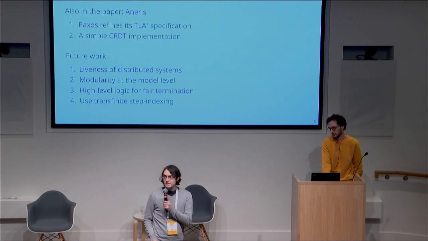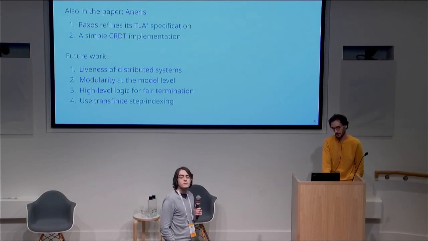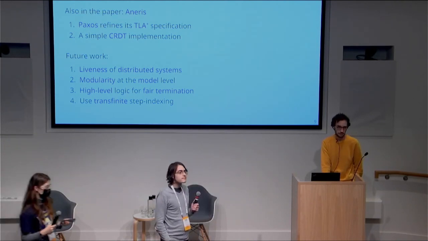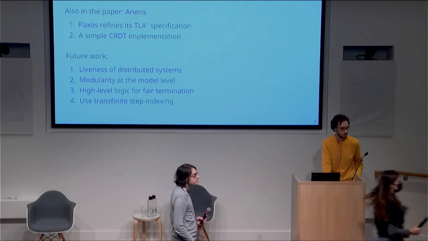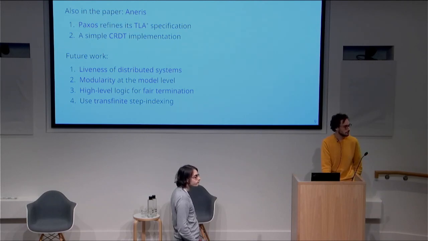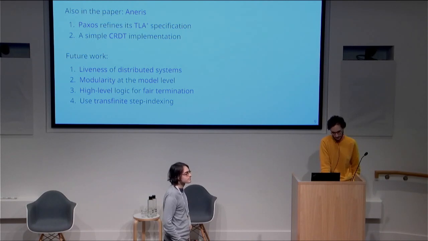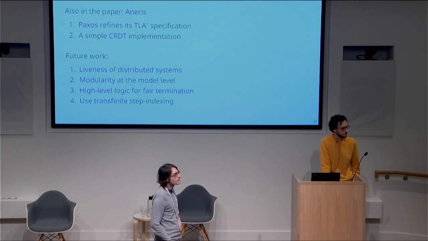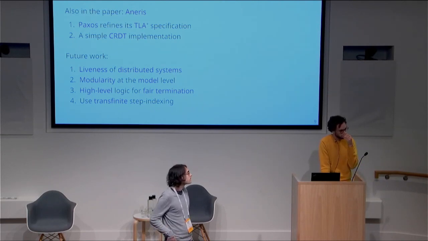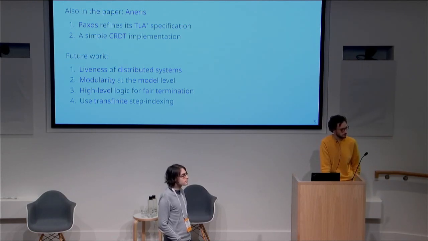Okay. More questions? So I guess these are actually two. The first is about the paper, where you mentioned you have proofs of refinement of TLA specifications. The notion of refinement in TLA is trace inclusion, which is weaker than the notion of simulation that you have.